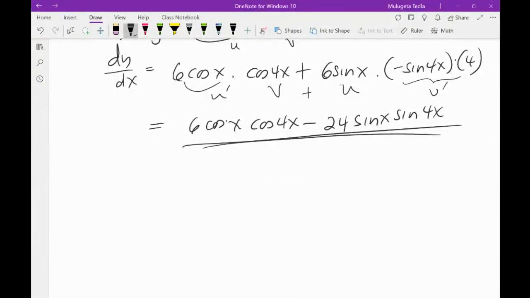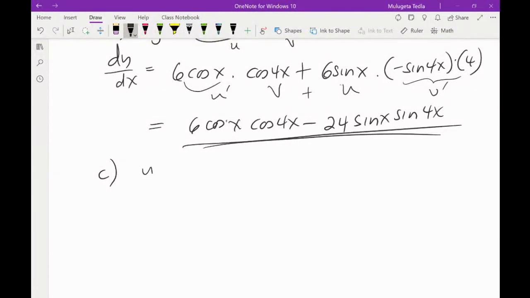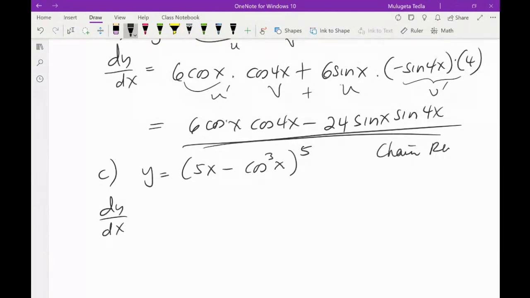AB, as it C, I think. So let me see. C is 5x minus cos cubed x to the power of 5. y equal to 5x minus cos cubed x to the power of 5. dy by dx, this is again chain rule, or what we call general power rule.